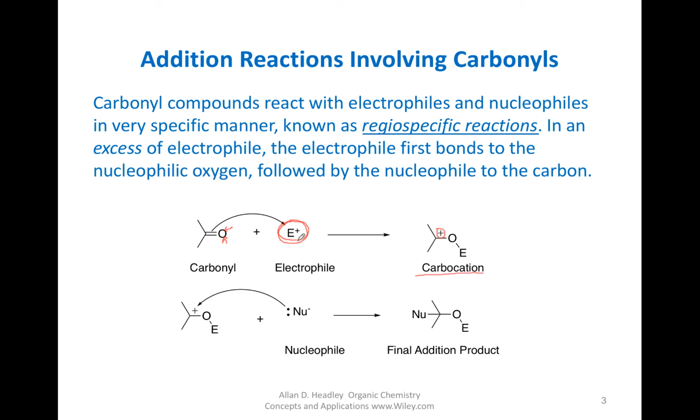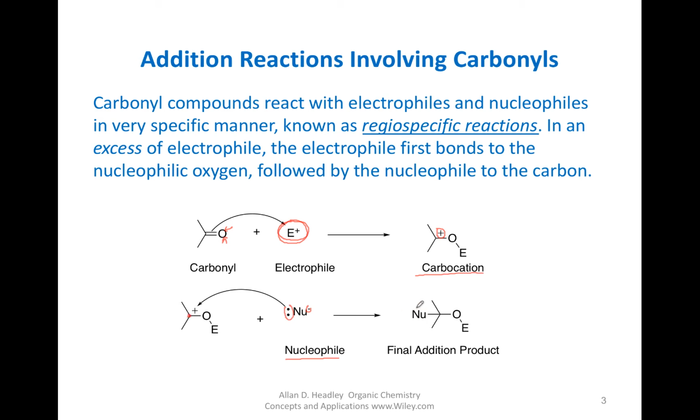Of course, as you know, you cannot just have E plus by itself. It's balanced with another component, which is described as a nucleophile, a negative, an anion, and the electrons of the negative here will add to this carbon. So there's no question.